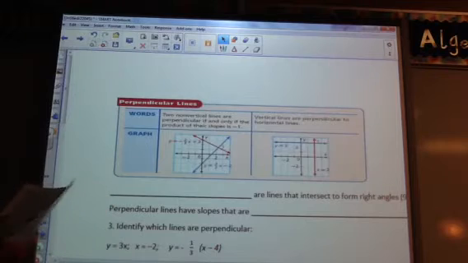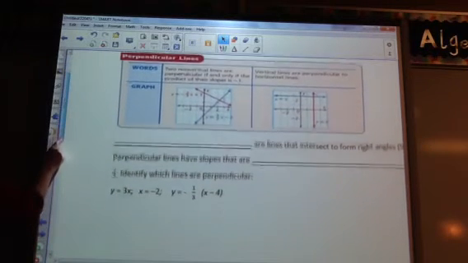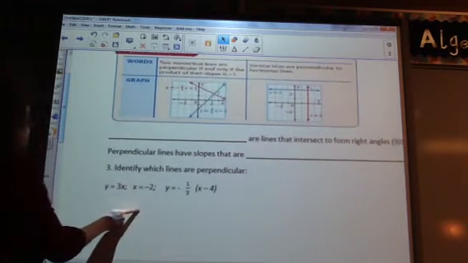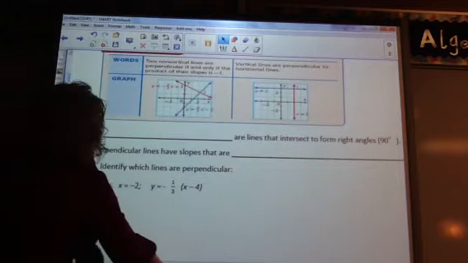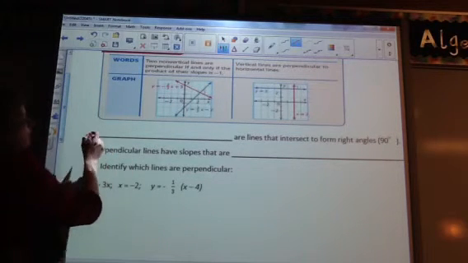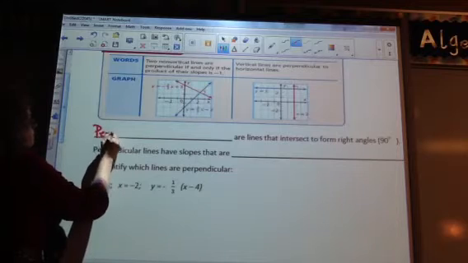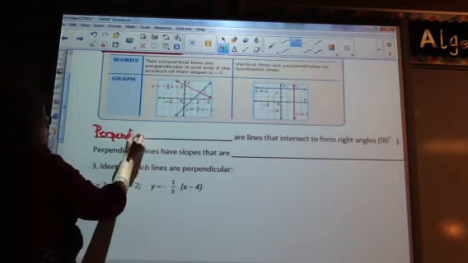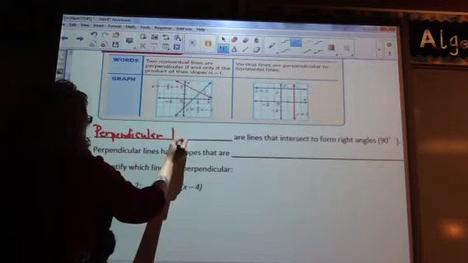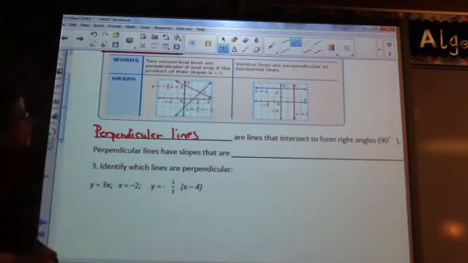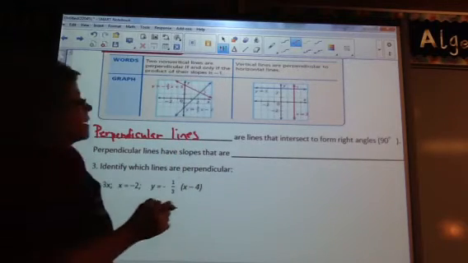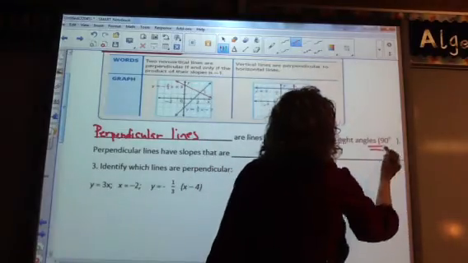All right, now we're going to look at perpendicular. Perpendicular lines are two lines that intersect that form 90 degrees.